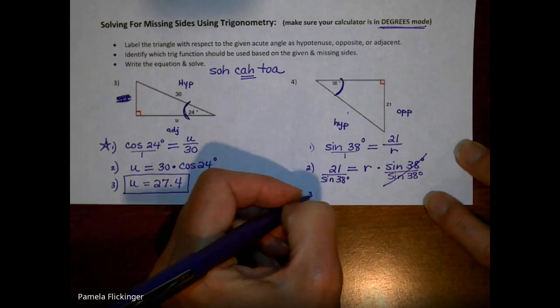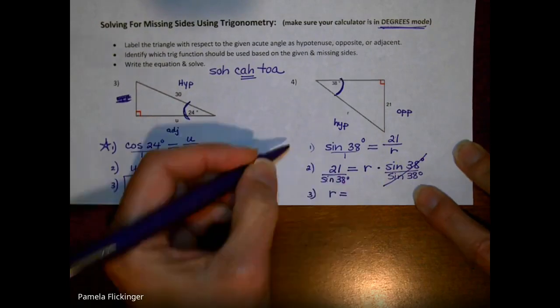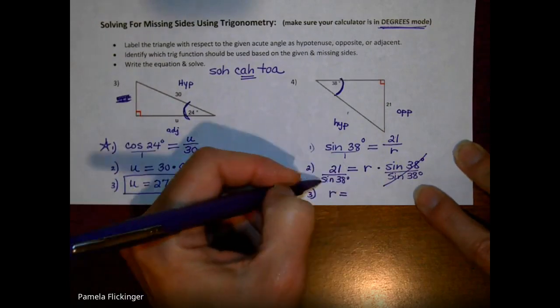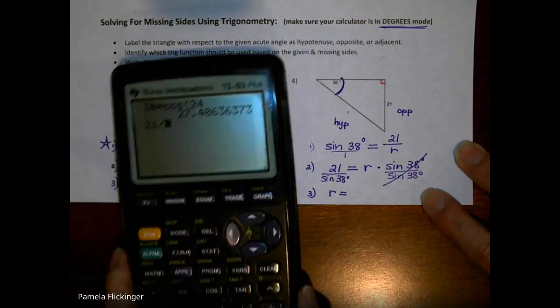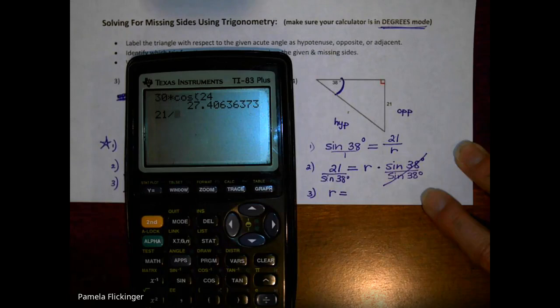Now I go to my calculator, and this is what I'm punching in. 21 divided by, and it will be the sine of 38. All right.